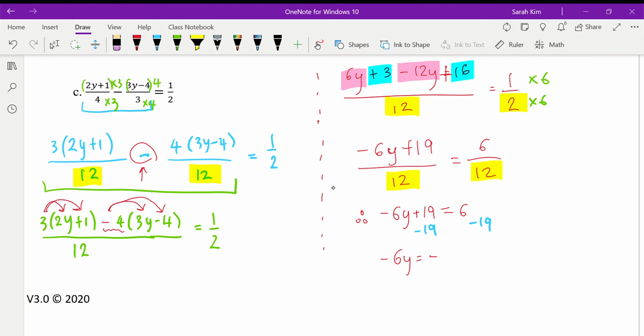Oh, that's not right either. What am I doing? 6 take 19. So put that in the calculator. So minus 13. Alright, all I have to do is get rid of that 6, negative 6, so just divide it. So therefore, y is simply negative 13 over negative 6, which, you know, if you're dividing negative number by negative number, you get a positive answer overall.